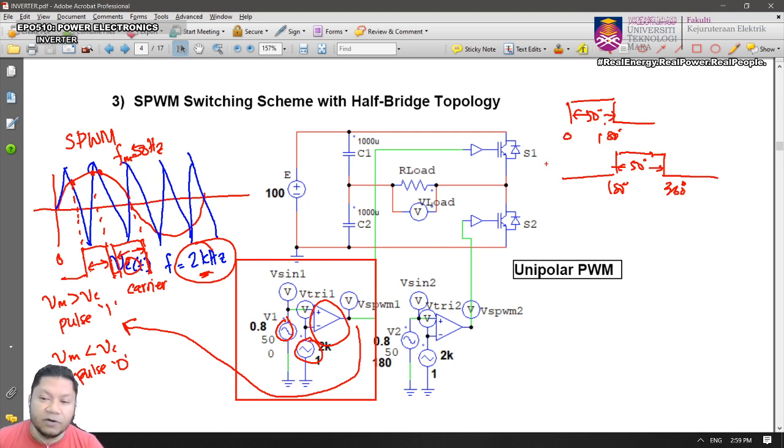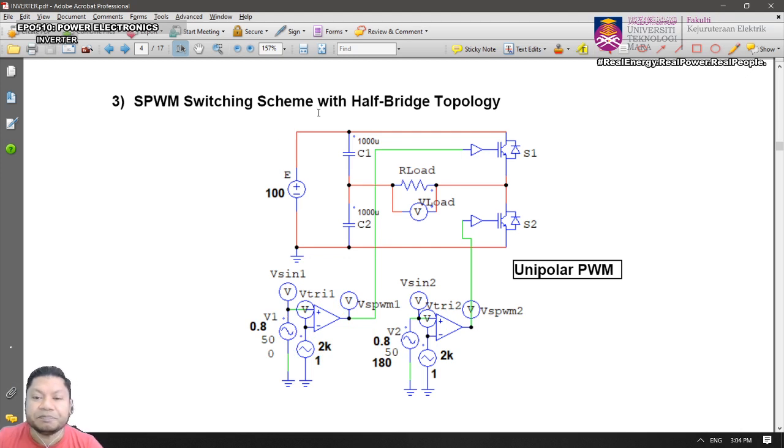But for the pulse width, you're going to have a different pulse for each cycle. It will be a different pulse for each cycle of the output voltage at 2 kHz. So this is the SPWM switching scheme.